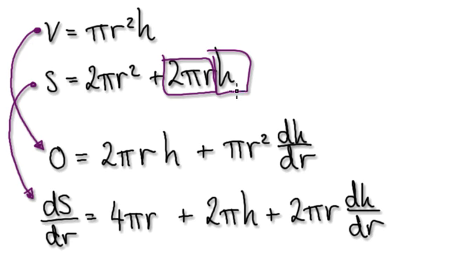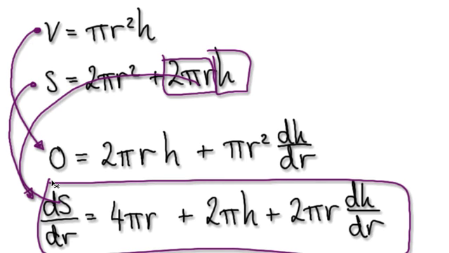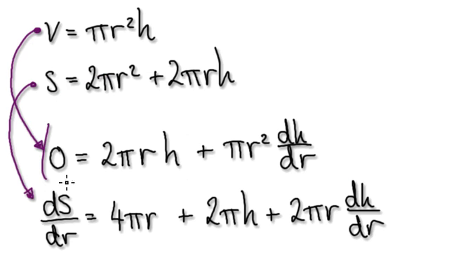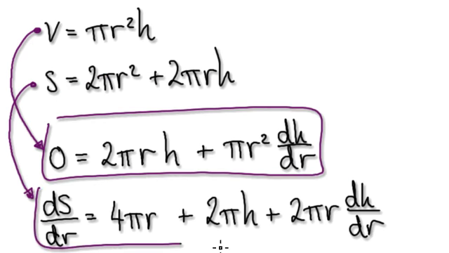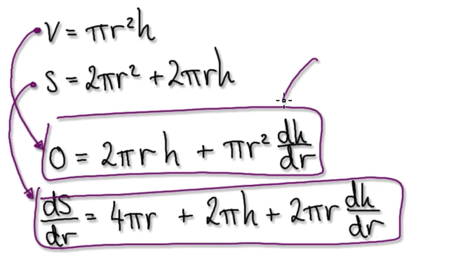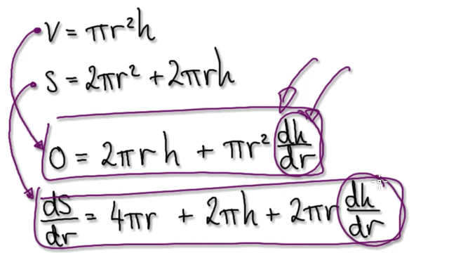So using the product rule, differentiate it, it will give you this. Okay. So we've got this, and we've got this. So we're looking at this here. Rearrange this to make dH by dR the subject, and then put the whole thing into this bit here.